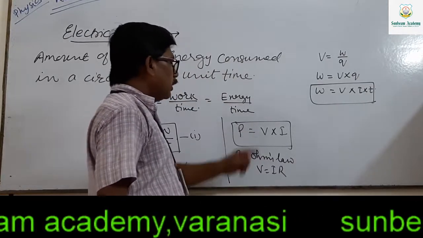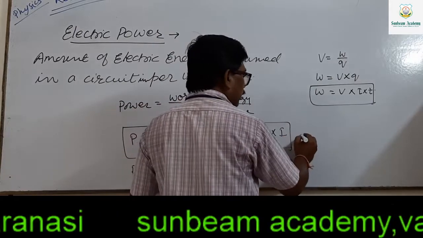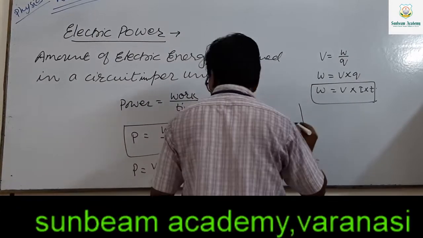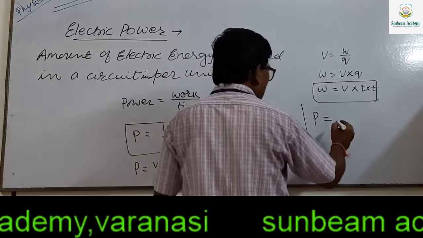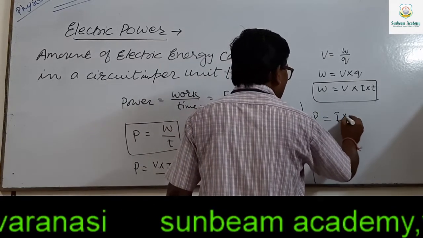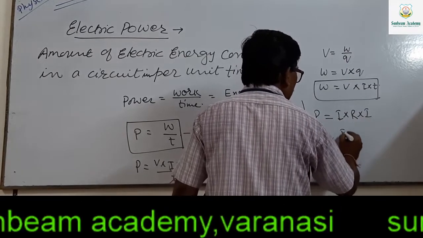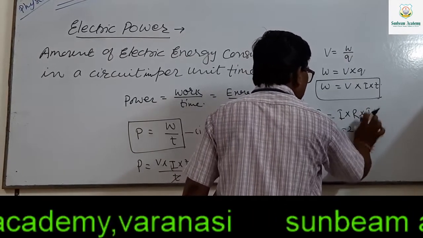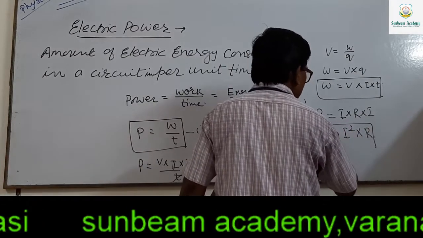On substituting the value of V in the above equation, power is equal to I into R into I. It means that power is equal to I square into R. This is another formula of power.